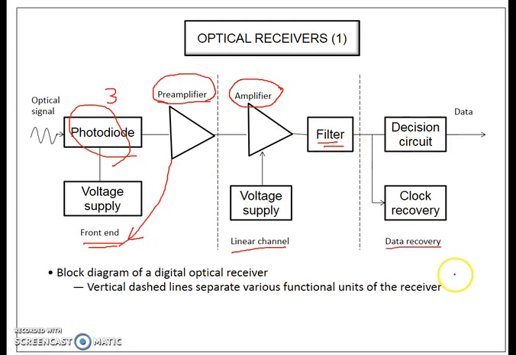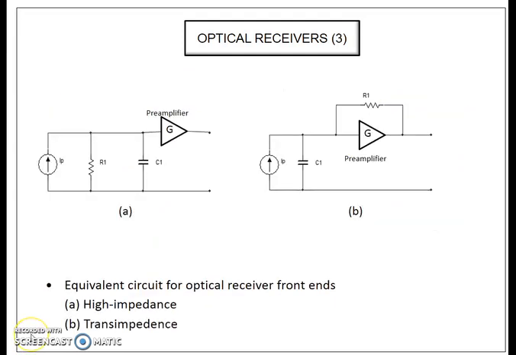The last block of the optical receiver is the data recovery part, where we have clock recovery and decisions before the data can be used for further signal processing. This is the equivalent circuit for receiver front ends, where A is the high impedance front end and B is the trans-impedance front end.